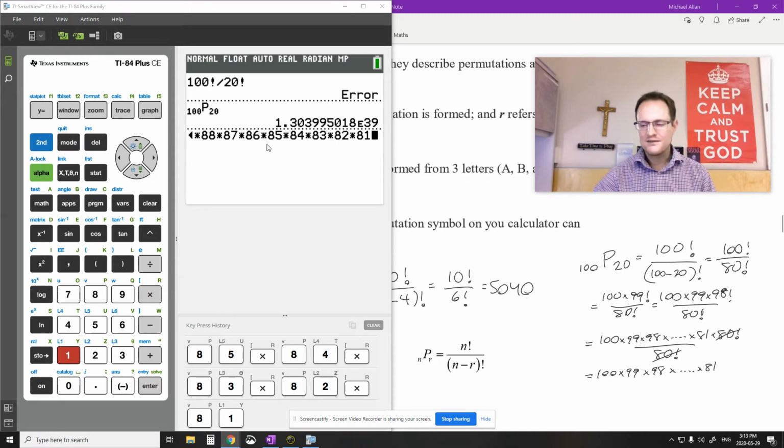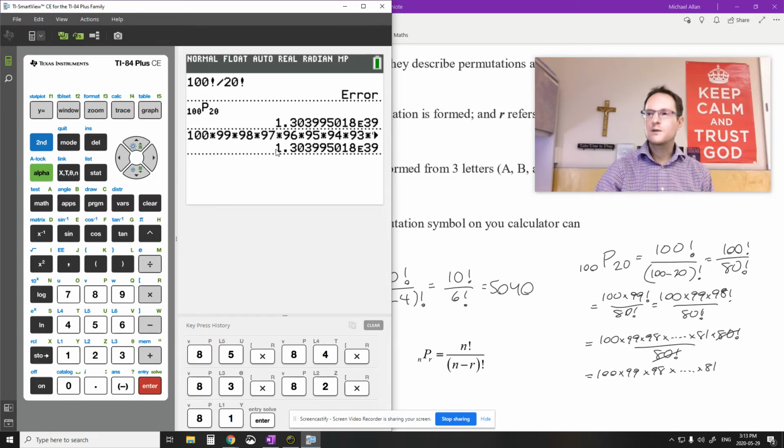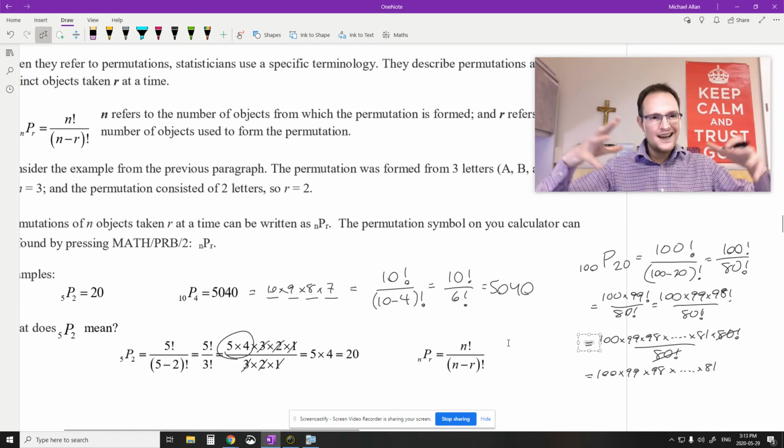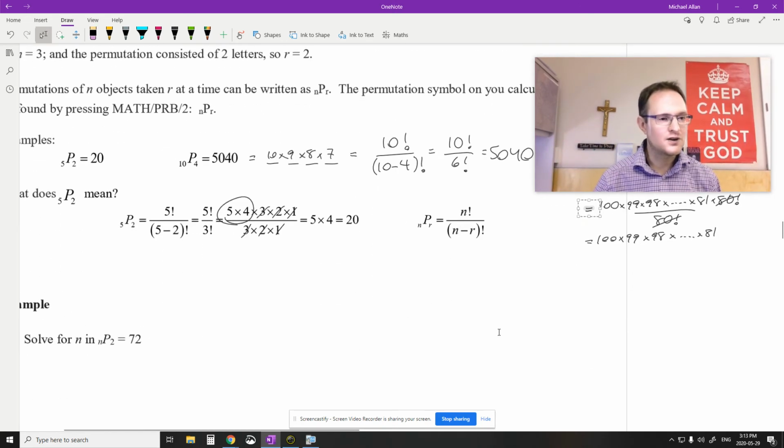Okay, so I paused the video, I typed it all out, and hopefully if I hit enter in the right spot, there we go. So we get the exact same number, but it was a lot of typing. It's possible, so I can do it. That's all I wanted to show, that you can expand out a factorial and get it to work.